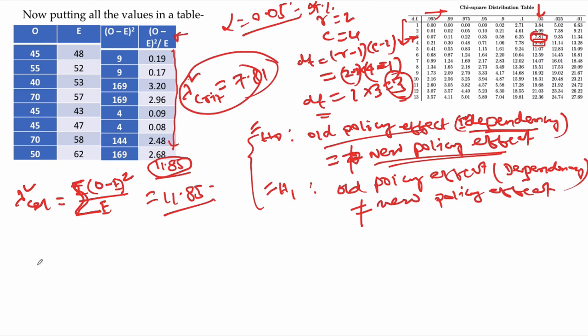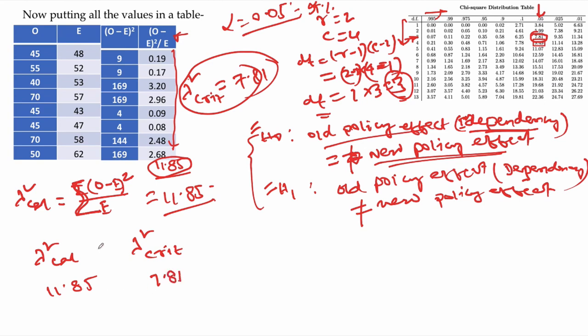Now let me write this in this way. Now we need to compare the relation between the chi-square calculated value and the chi-square critical value. The chi-square calculated is 11.85, and what we have got from the chi-square table is 7.81.